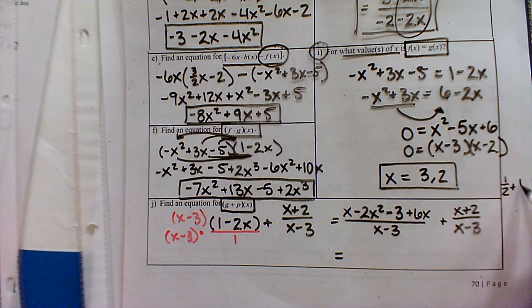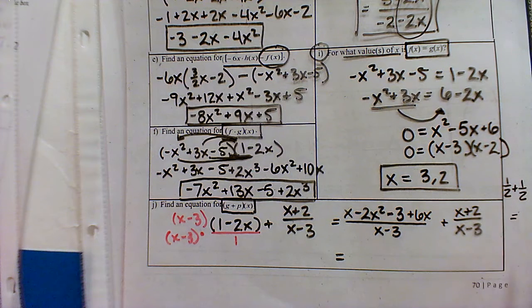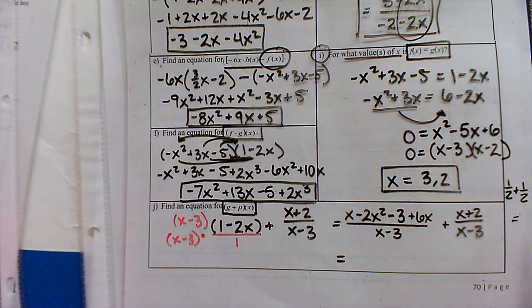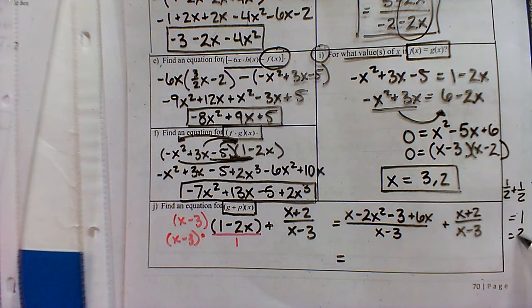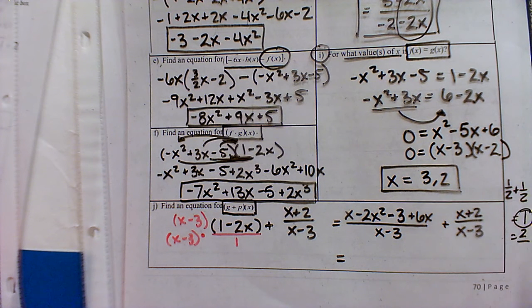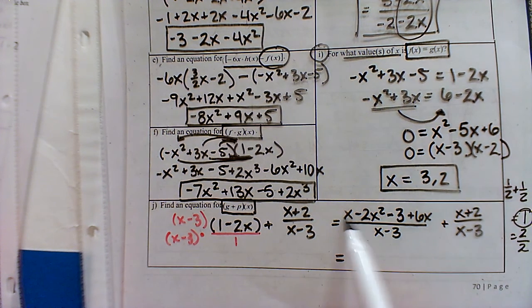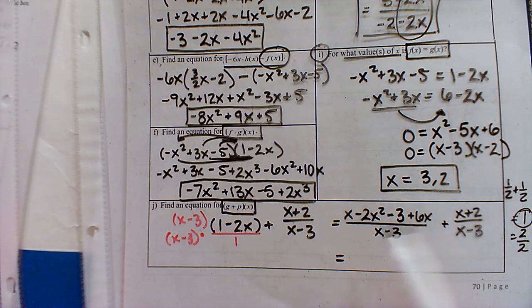If we think about 1/2 plus 1/2, we know that should be 1. 1 plus 1 is 2, and in order to get our answer of 1, we'd have to keep the common denominator. So we're going to add the like terms in the numerator, but keep that common denominator. If you look at all of your top pieces, we have an x, we have another 6x, so we're up to 7x, and now we're adding another x, so that would leave us with 8x.